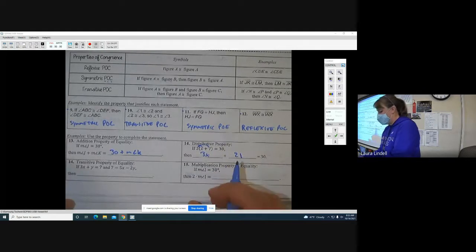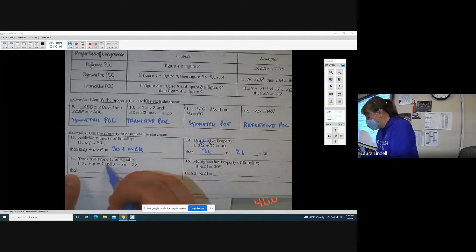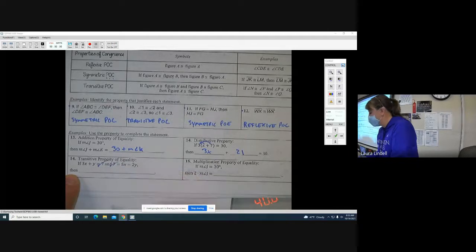Yep. All right. Here we've got transitive property that we're supposed to use. It says if 3x plus y equals 7 and 7 equals 5x minus 2y, then what? So here's the trick on the transitive property ones. Figure out what the middleman is. In this case, it's the 7 because they both have 7.